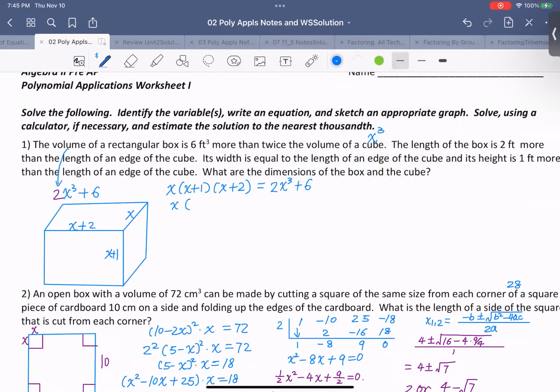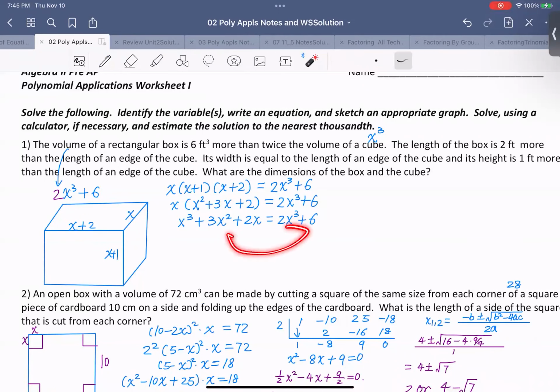So we have x times x squared plus 3x plus 2, and then x cubed plus 3x squared plus 2x equals this, right? And then maybe move around. It's going to be x cubed minus 3x squared minus 2x plus 6.